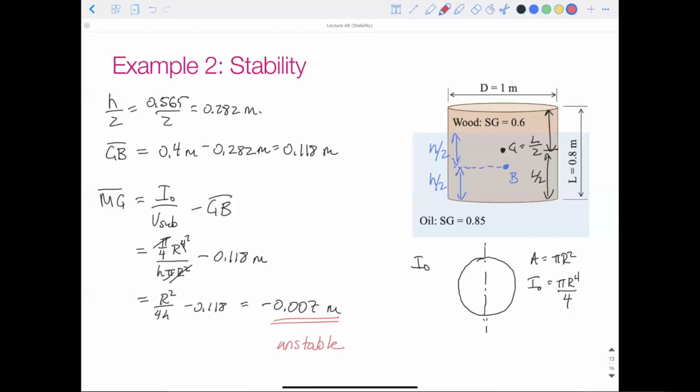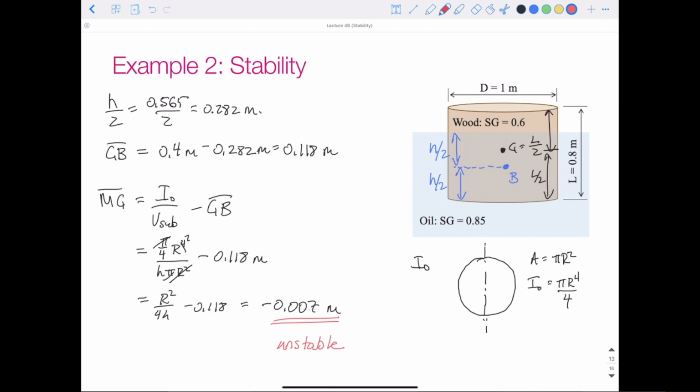So what if MG is 0? So if MG is 0, we have like a quasi-stable state. So a slight disturbance will not generate any righting moment or overturning moment. It just won't generate a moment at all. So if we think about if we had a sphere in the water, it doesn't matter which orientation that sphere is, it's always stable.